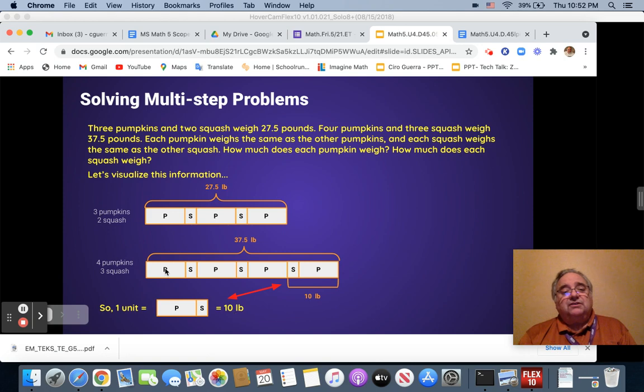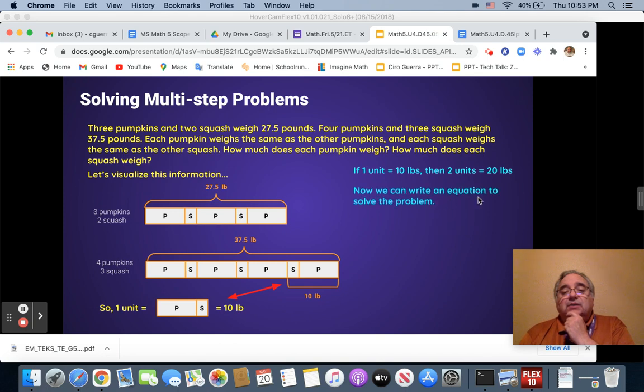Very important, because if I go up here, 1 pumpkin and 1 squash, that's 10. And another pumpkin and another squash, that's another 10. 27.5 minus 20 will give me how much that pumpkin weighs. So if 1 unit weighs 10 pounds, then 2 units equals 20.